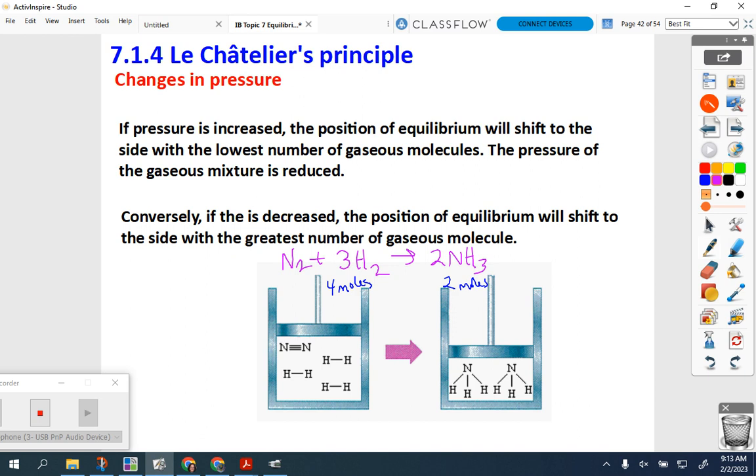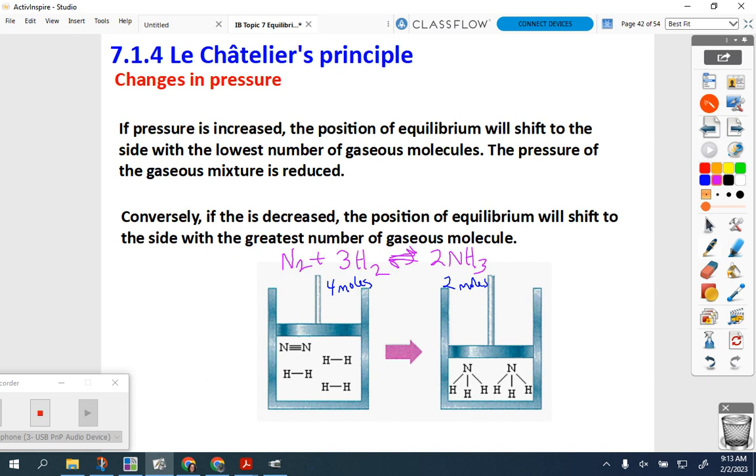So example 1 says, what's going to be the effect of pressure increasing? It's going to drive the reaction to the right. No effect on Kc. Decreasing the pressure is going to drive the reaction to the left. So if we want to make more ammonia, we want to keep the system under pressure.